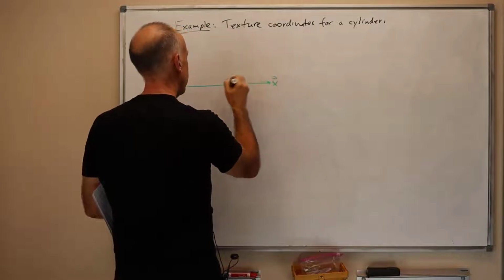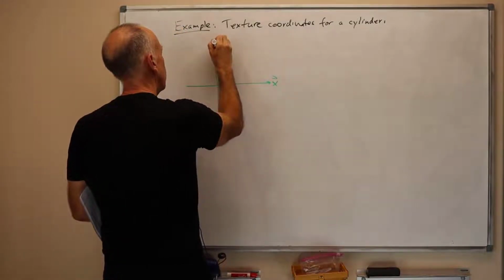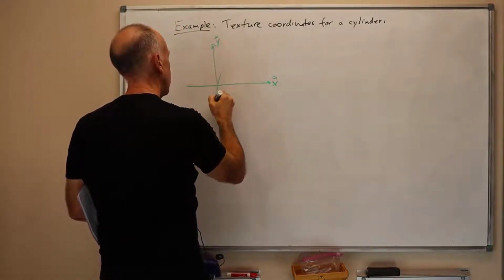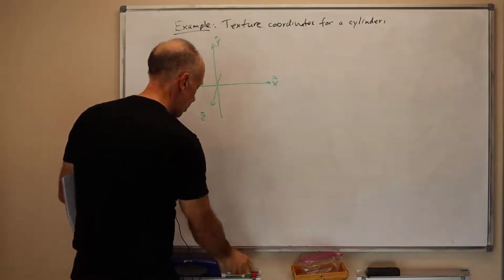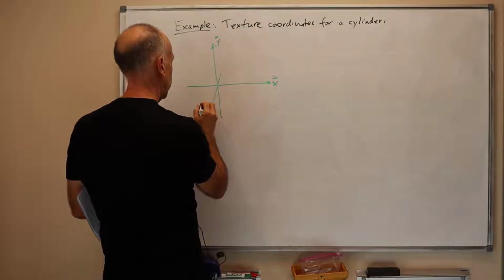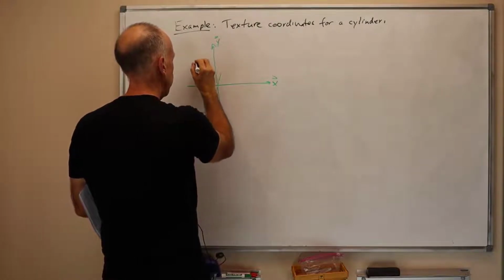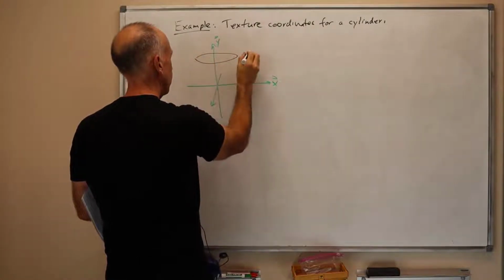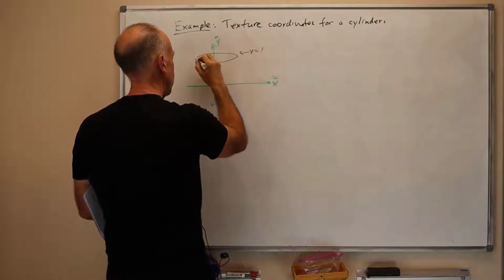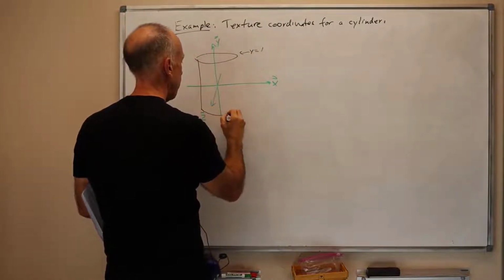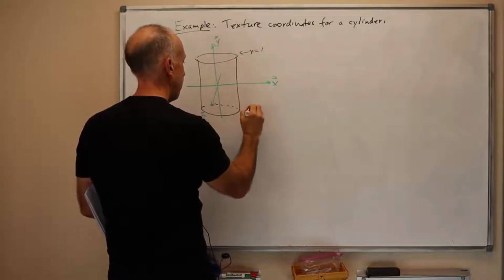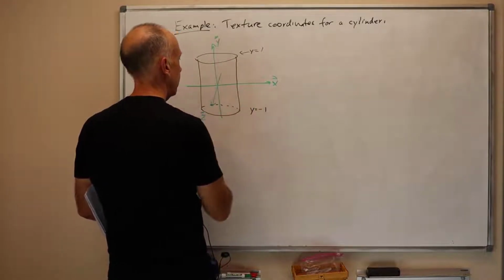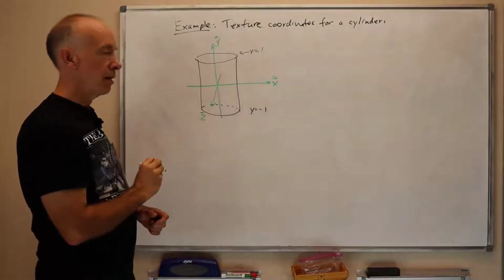So here's the x-axis, the y-axis, the z-axis coming out of the board. The top of the cylinder will be at y equals 1, the bottom of the cylinder will be at y equals minus 1, and it has radius 1.